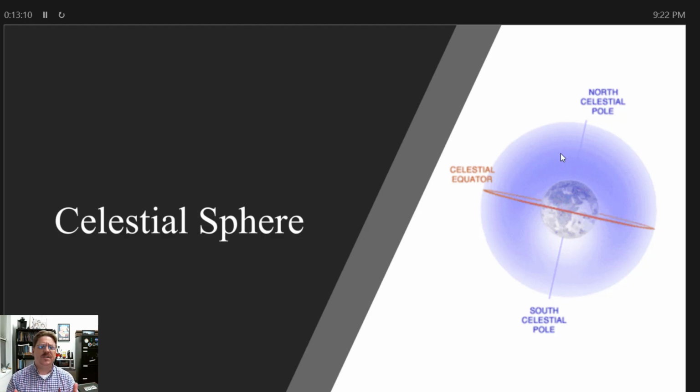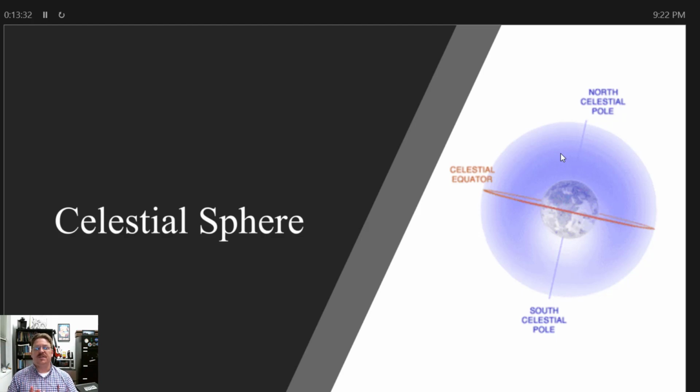And so what the Greeks did was they invented this thing called the celestial sphere, and in practice that is a sphere that is very, very far away, such that the distance to the sphere is far greater than the diameter of the Earth. And they essentially took the coordinate system of the Earth and mapped it out onto the celestial sphere.